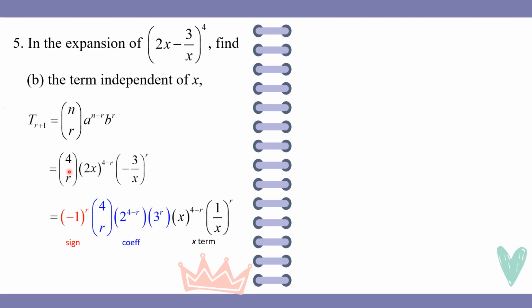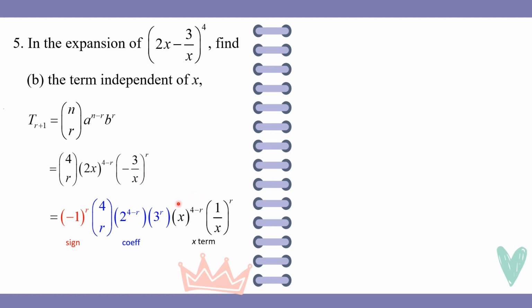For the coefficient, we have 4 choose r, 2 power 4 minus r, and 3 power r. The coefficient will be the non-x term. For the x term, we will have x power 4 minus r multiplied by 1 over x power r.